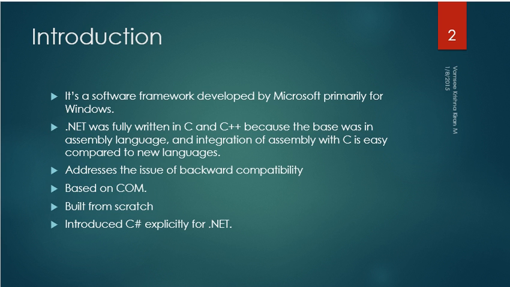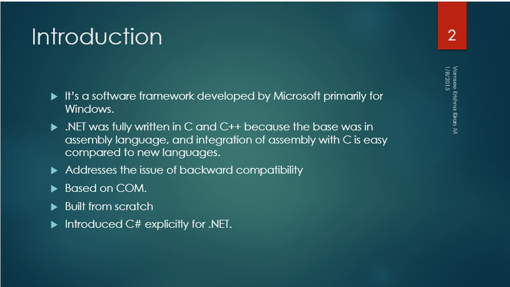The underlying libraries are developed in C and C++ so that, as we all know, C is quite close to your assembly language. So when compared to other languages like C++ and Java, C acts close to your machine language. So that's the reason the base libraries are developed in C, C++.